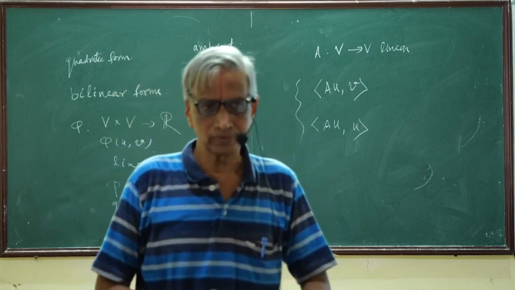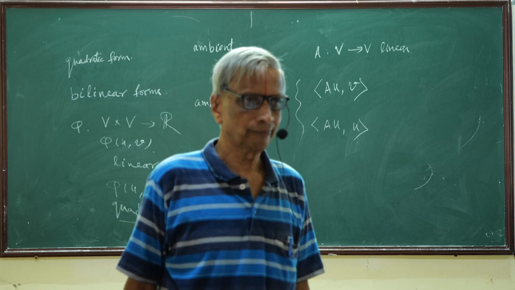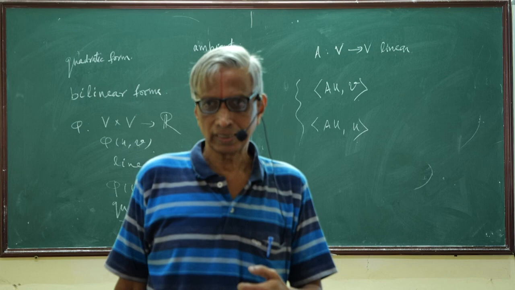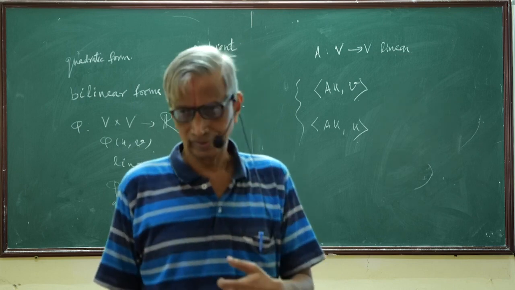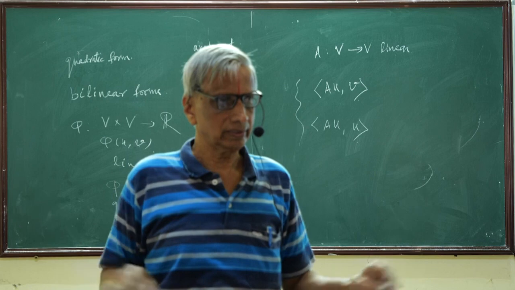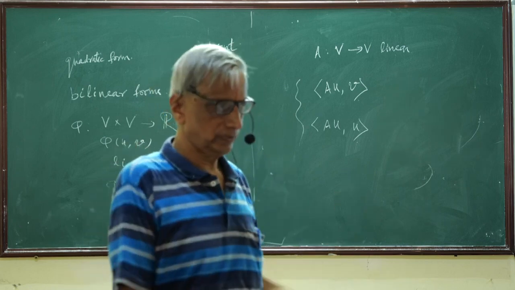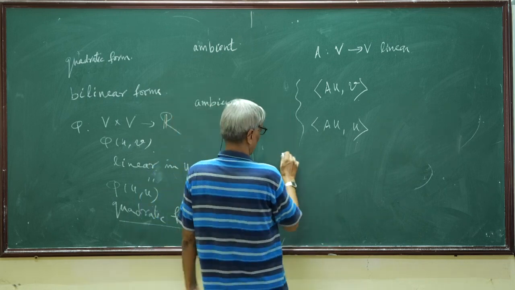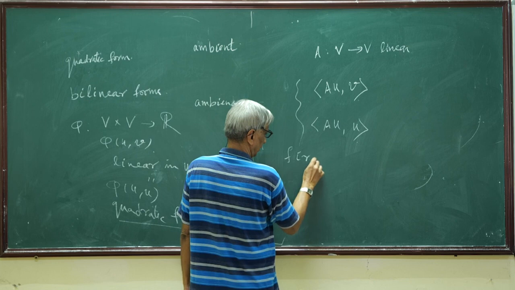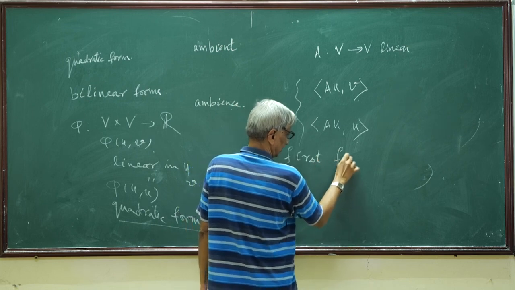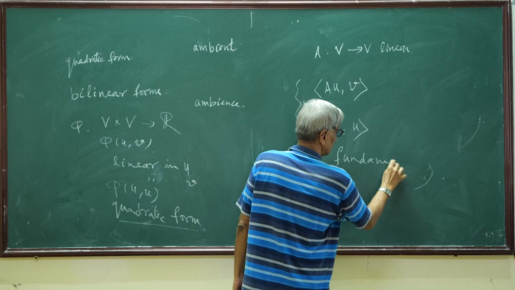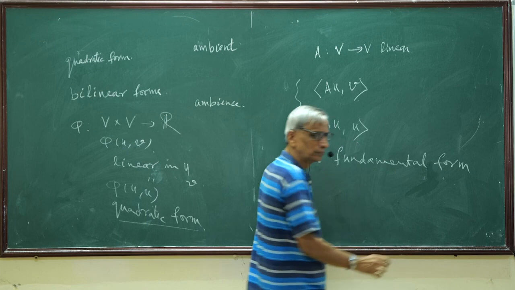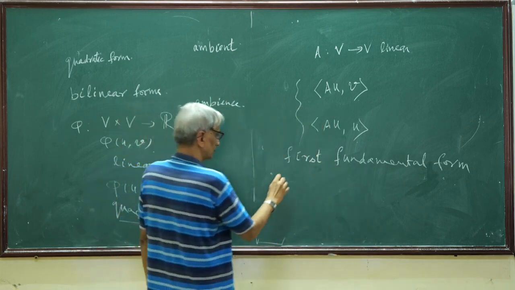So in our setting, therefore, the inner product that you get on the tangent spaces to the surface from the inner product in the Euclidean space where the surface is sitting, this is what is called the first fundamental form of the surface.